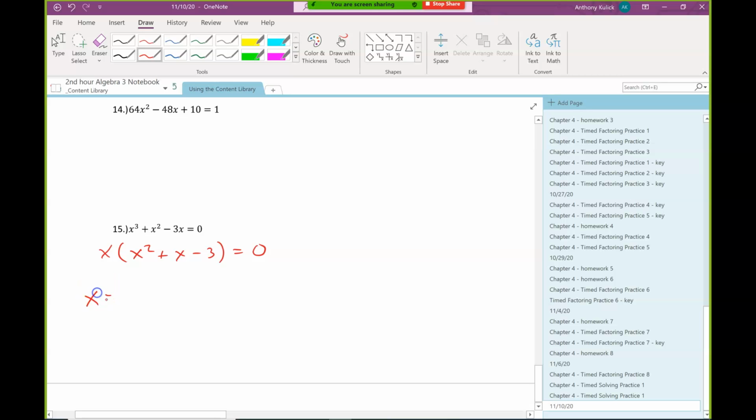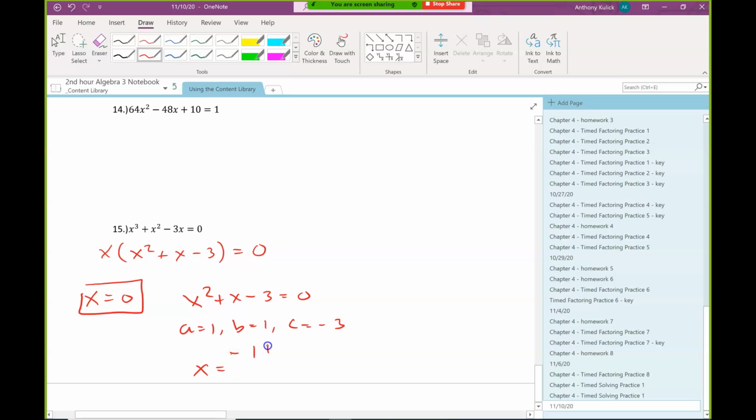Now if I apply the zero product property, I get x equals 0, and then x squared plus x minus 3 equal to 0. And I'm going to use the quadratic formula to solve this part of it. So the values for a and b are 1, and the value for c is negative 3.